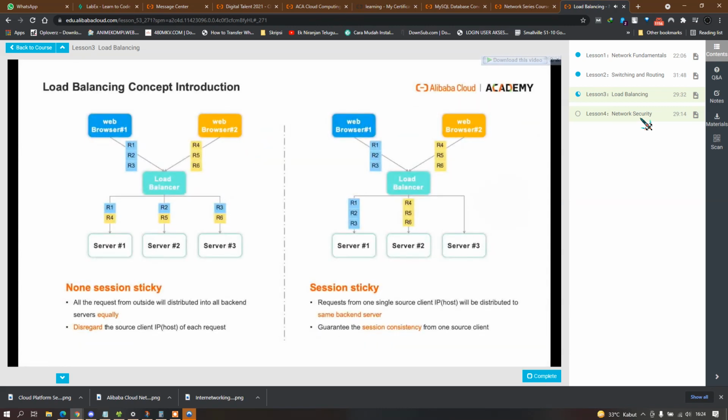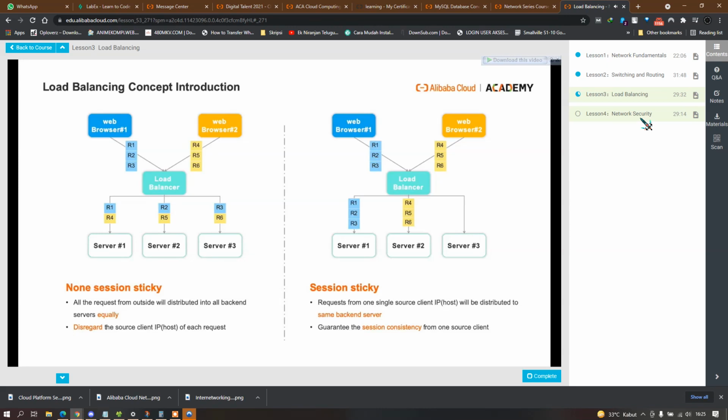And the next concept for load balancing we'd like to know is session sticky. So what is session sticky? We can get it with this comparison from this picture. Here we can see the left side. If we don't use session sticky, all the requests from outside will be distributed evenly across all backend servers, and it will disregard the source client IP or source client host of each request.